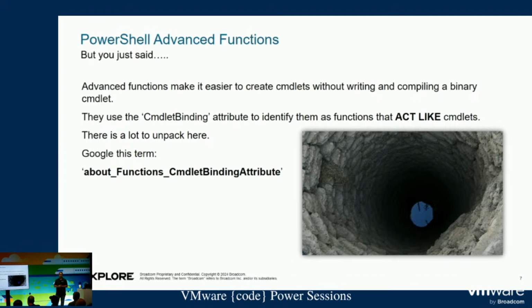So they give you built-in features that you wouldn't normally have in a function. It just makes life easier. I suggest just Googling this term. You'll learn a lot about it. There's tons and tons of documentation out on the Microsoft website for PowerShell. They do a really good job. We can't quite cover everything here today.